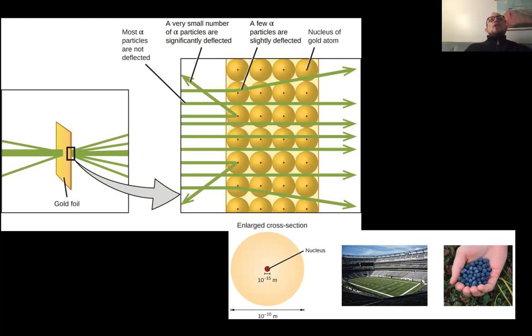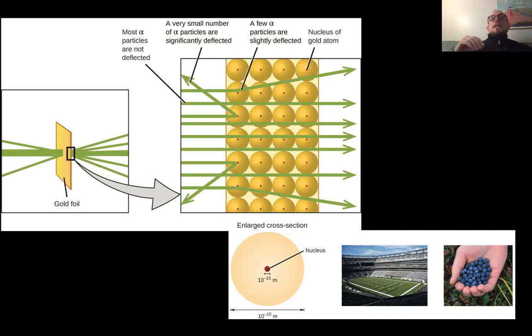It didn't take too much calculation for the people learning about this experiment to understand that what this meant was that atoms were made of mostly empty space, but that there was a small and similarly charged, dense object at the center of the atoms, which we now call the nucleus, that held most of the mass of the atom, most of the material in the atom.